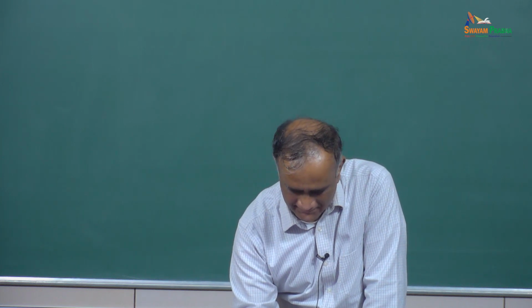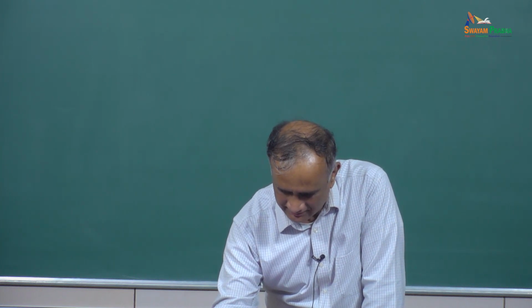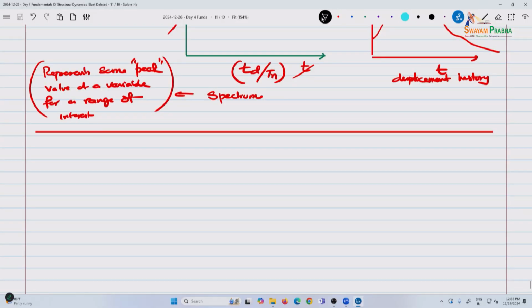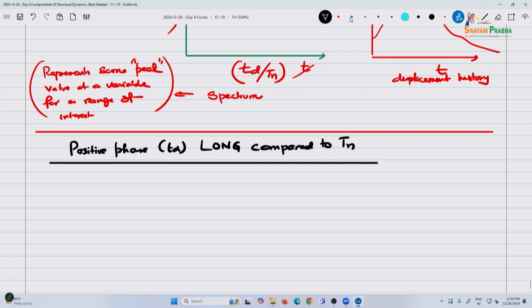But where we are going with this is the case where the positive phase, which is TD, is long compared to Tn, or TD much greater than Tn.